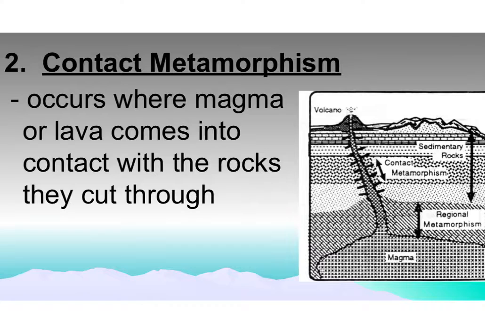The second type of metamorphism is contact metamorphism, and this occurs where magma or lava comes into contact with the rocks that they cut through. So this is where magma actually touches other rocks. So here in this picture, we have some sedimentary rock here, and these were layers of sedimentary rock that were deposited.